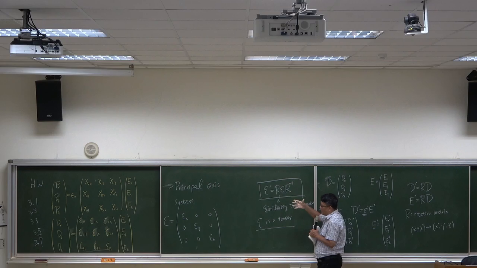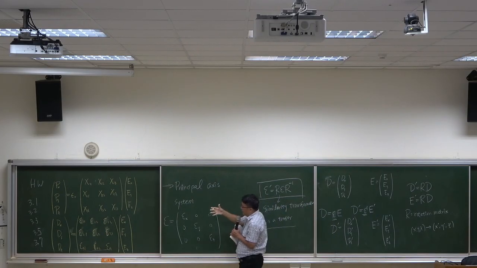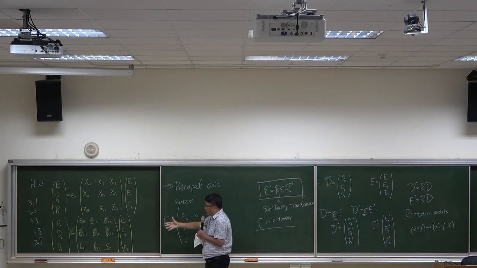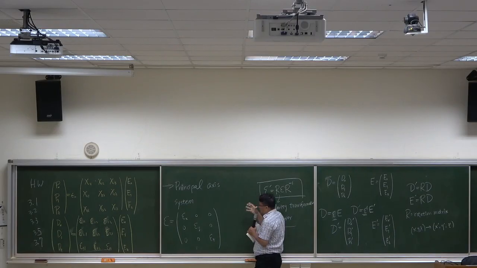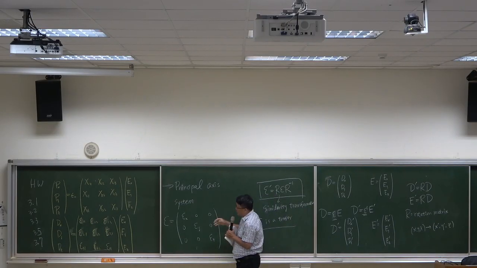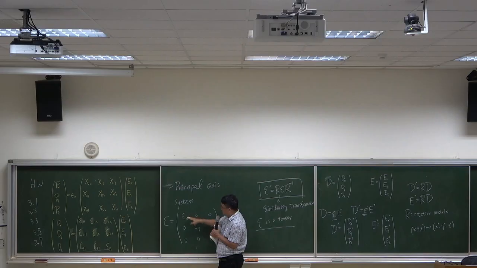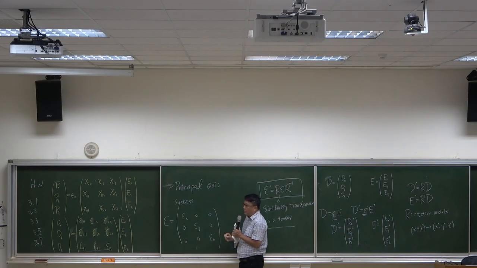So finally, we have the 3 coordinate axes along the 3 eigenvectors of this tensor epsilon. Then, in this new coordinate system, the epsilon tensor becomes a diagonal matrix.